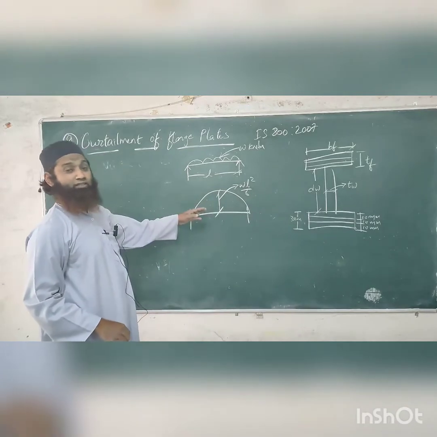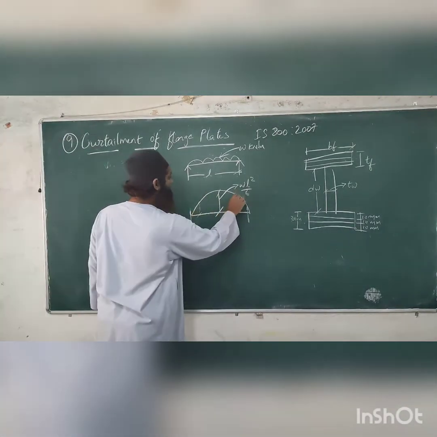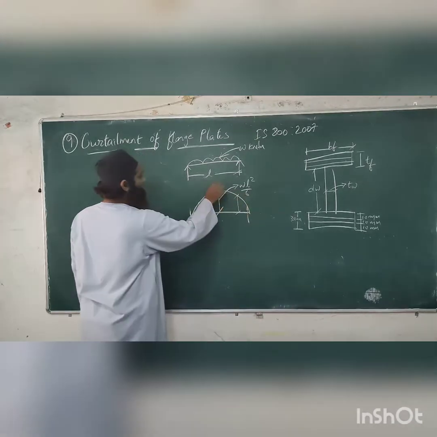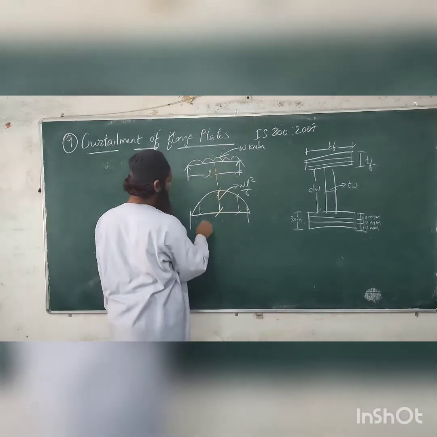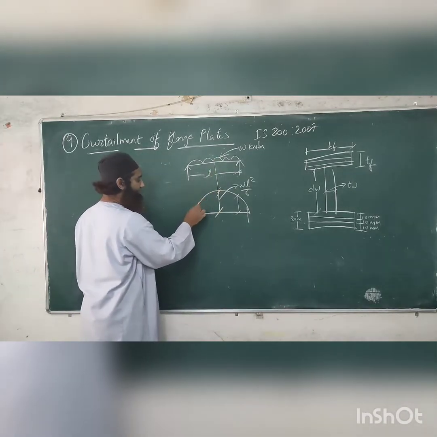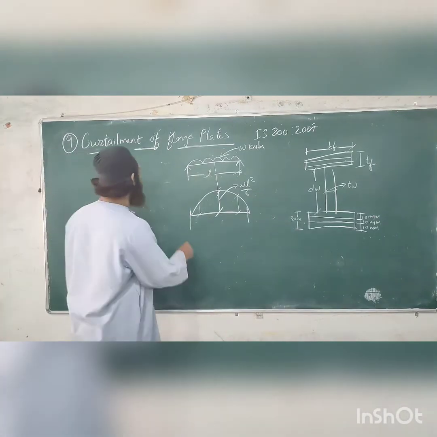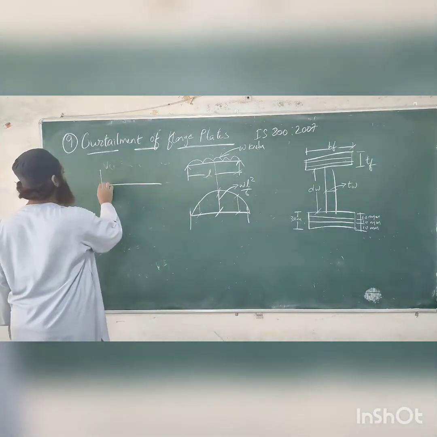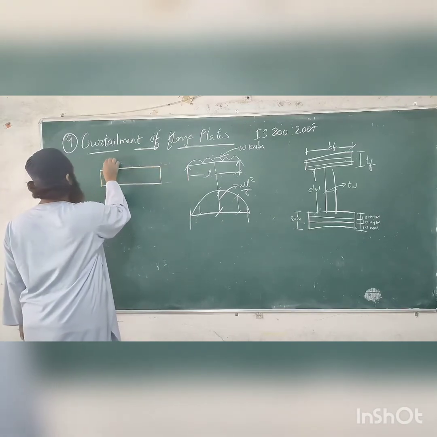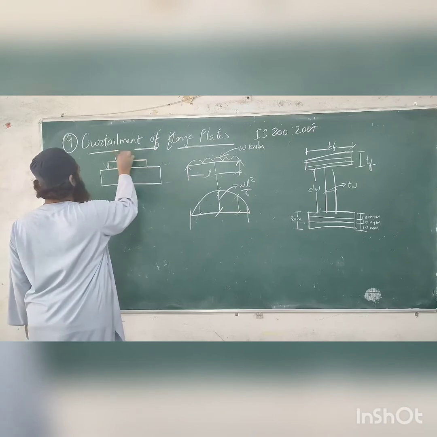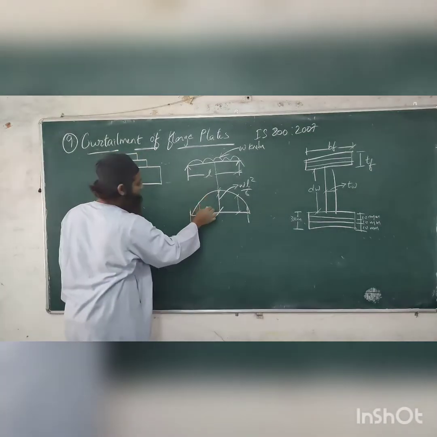That same moment is not coming here. The moment will be changing; here you have a different moment, here you have a different moment. At the center we get WL square by 8, but at the edges the moment is low. For that what we do is, we cut these plates. When we place these flange plates, we cut them like this, depending on the bending moment.